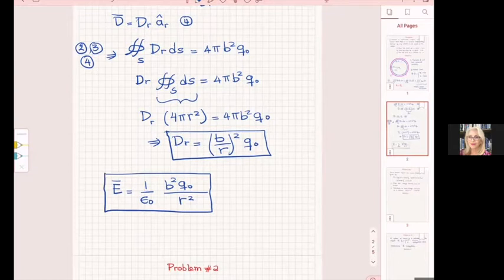So outside of this surface, put some color so you can see it, the electric field.